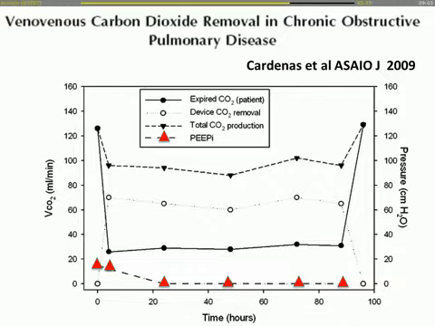This is a patient reported by Cardenas, with PPI alone. We don't care about PPI. But when CO2 removal is started, you can see that the green triangles here are total CO2 production of the patient.